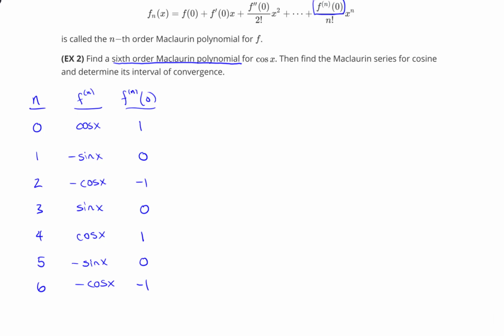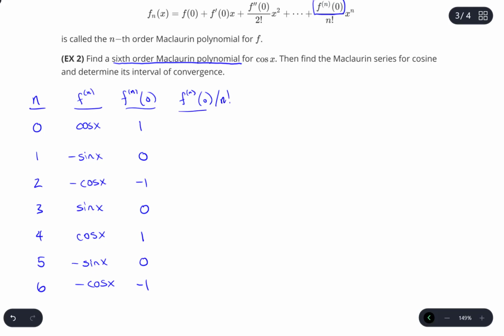Then I want to take each one of those and divide by n factorial. So this would be 1 over 0 factorial, which is just 1. And then 0 over 1 factorial, which is still 0.